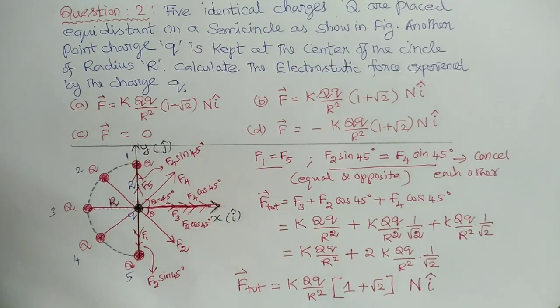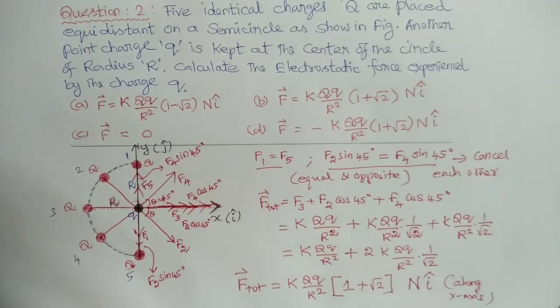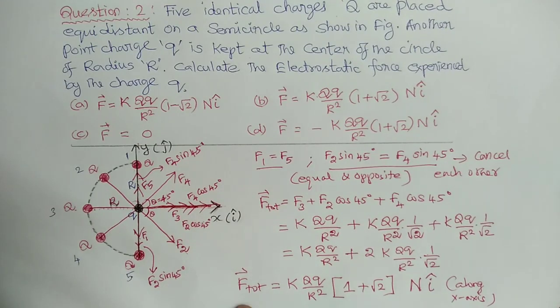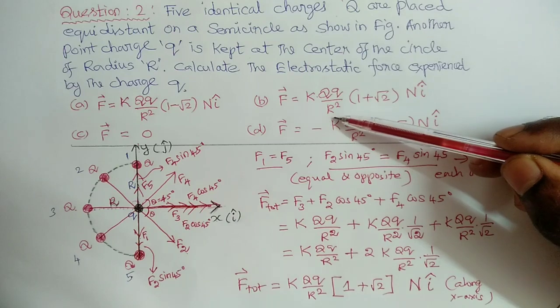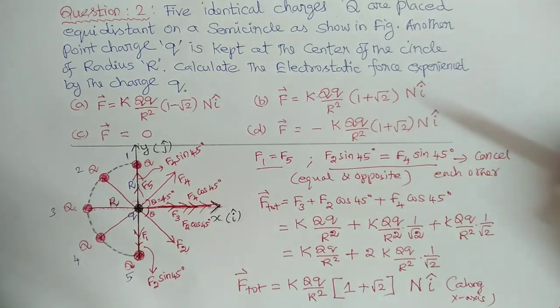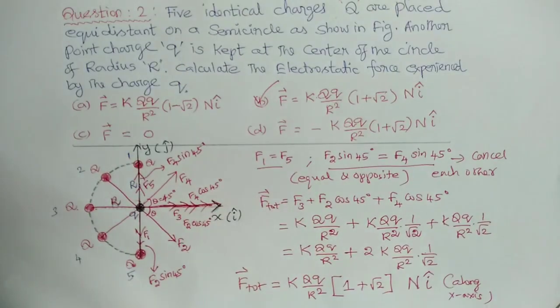So we'll mention N. So this is along x-axis. Understand? So F total is equal to K times Q by r square, 1 plus root 2, i. So this is the answer.